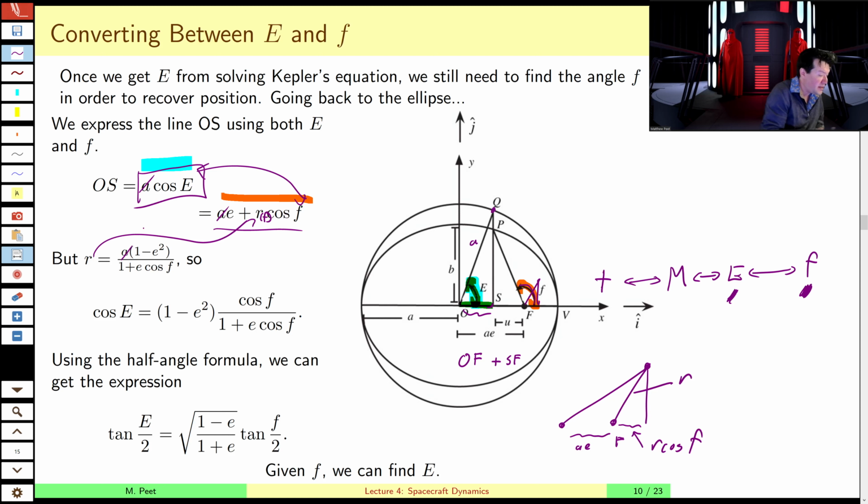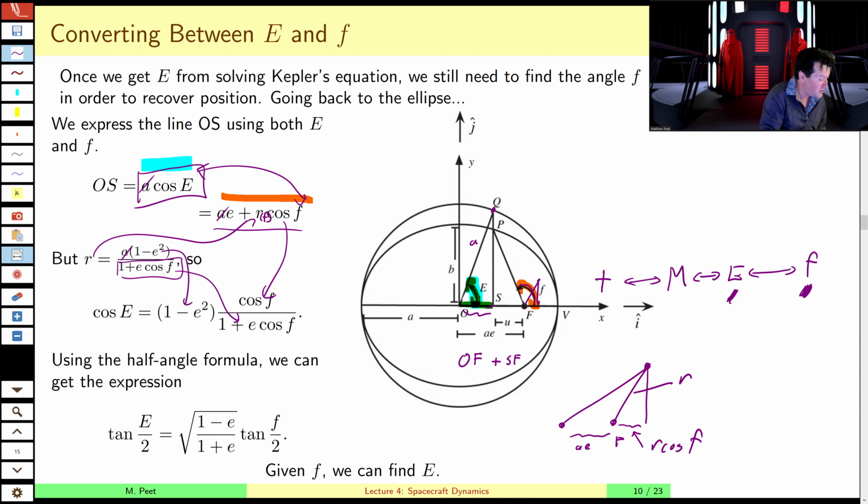We get cosine E equals 1 minus e squared over 1 plus e cosine F, times cosine F. There's the 1 plus e cosine F that goes down there, and the 1 minus e squared goes there, and there's our cosine F.